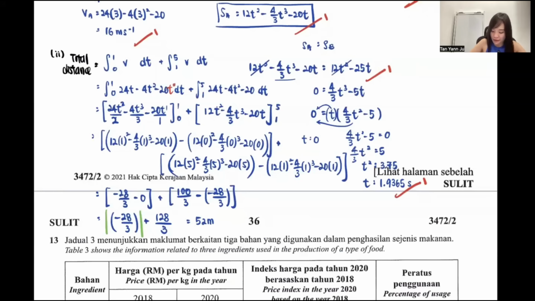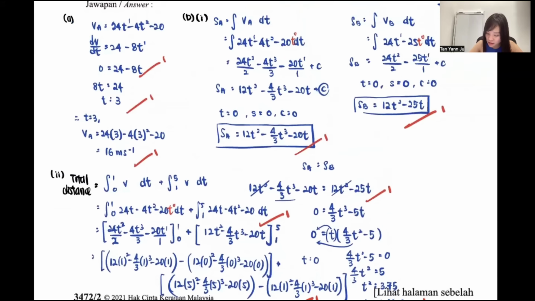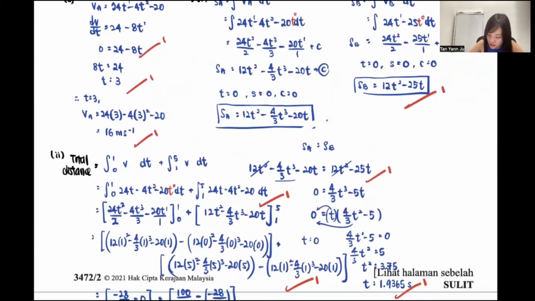That 52 meters gets 1 mark. Putting it correctly like that, 1 mark. The substituting also gets 1 mark. That means the previous part should lack 1 mark. Oh, I checked already. They give you 1 mark the moment you start to integrate.